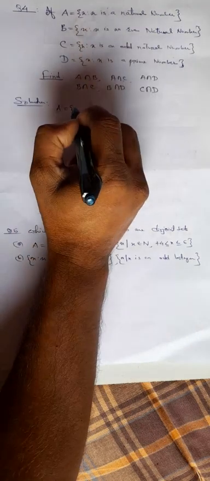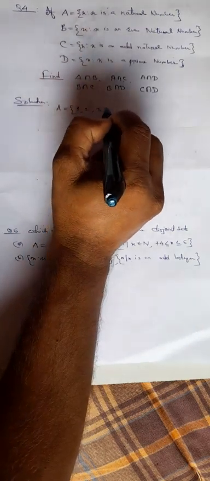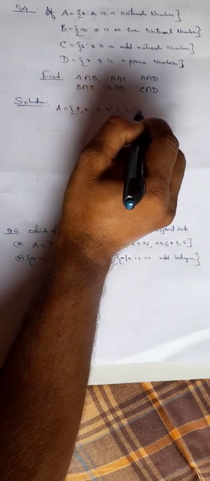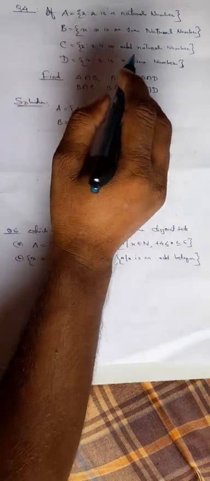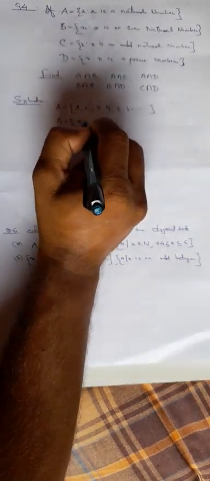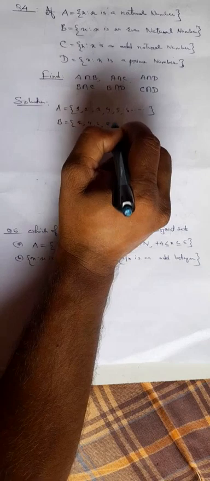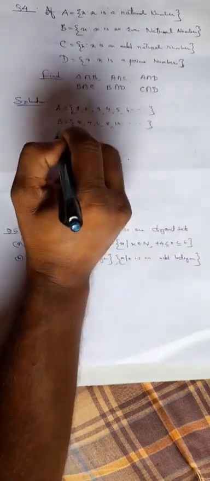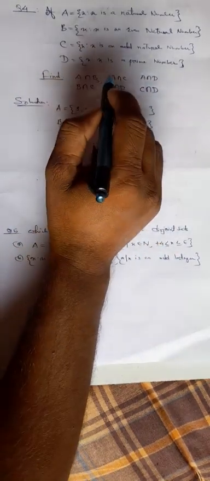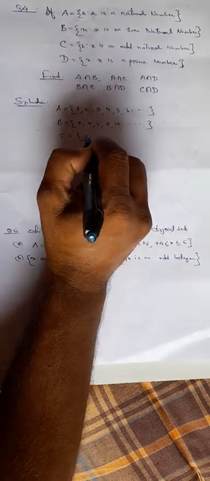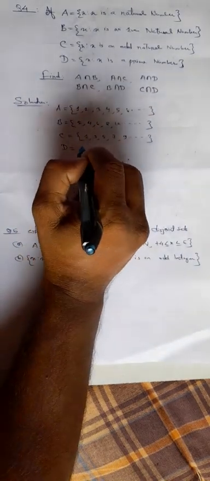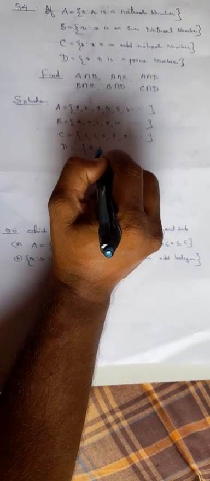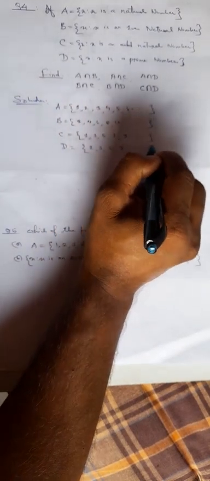X is a natural number, so it is the set of natural numbers, this set. B equal to X is an even natural number, so even natural numbers are 2, 4, 6, 8, 10, etc. C equal to X is an odd natural number. Odd natural numbers are 1, 3, 5, 7, 9, etc. And what is D? It's prime numbers: 2, 3, 5, 7.